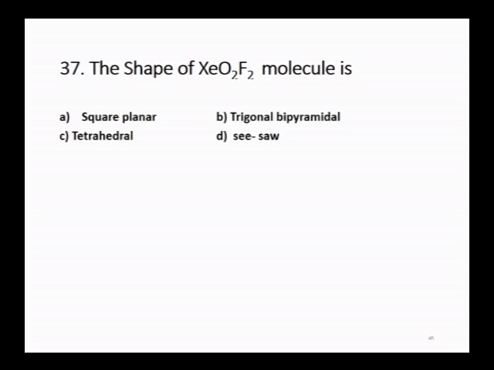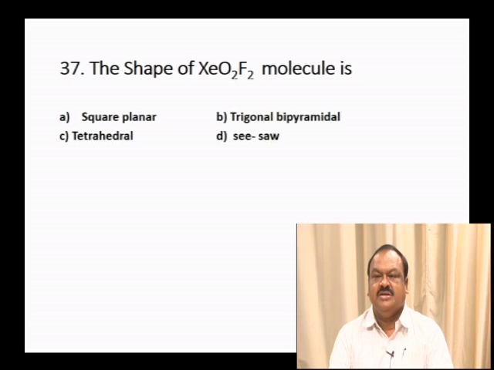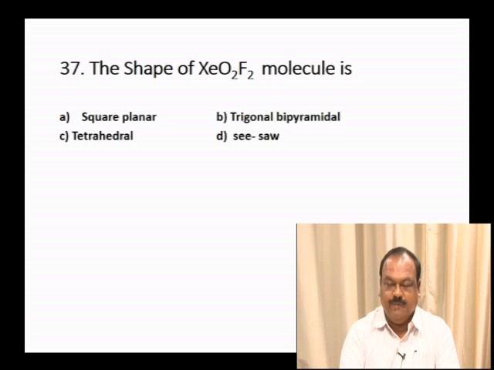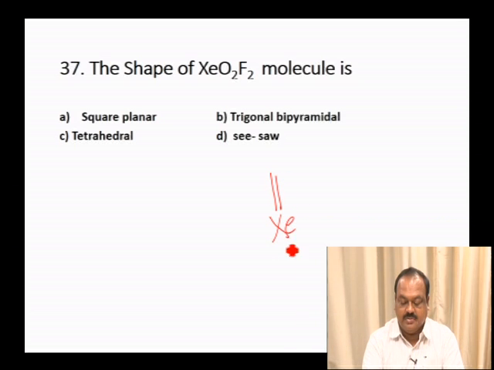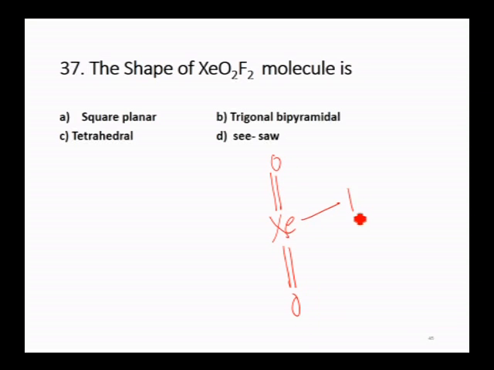The shape of the xenon dioxide difluoride molecule is, options are square planar, trigonal bipyramidal, tetrahedral, seesaw. If you observe xenon dioxide difluoride, this is the structure of xenon dioxide difluoride.